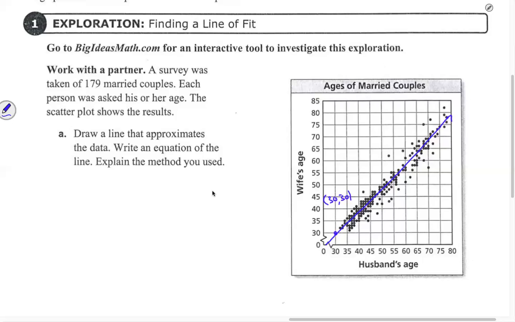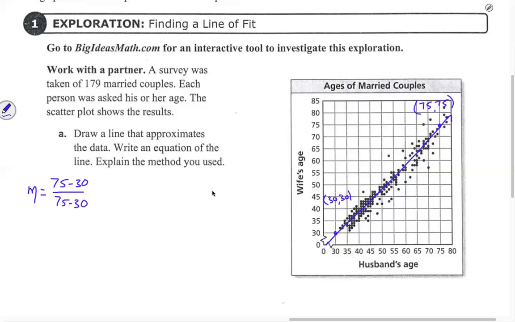And then I'm going to choose this point right up there, which is 75, 75. So to calculate my slope, I'm going to do 75 minus 30 over 75 minus 30. Now yours might be a little different. Do it for your line, okay?